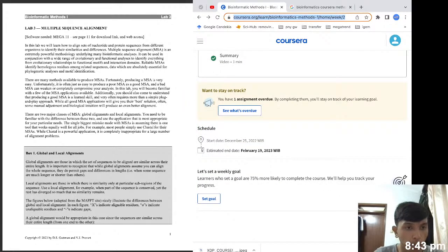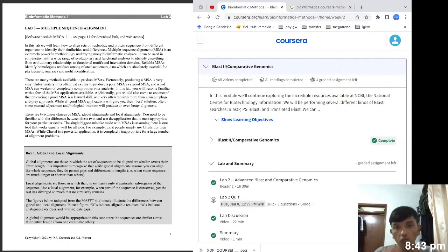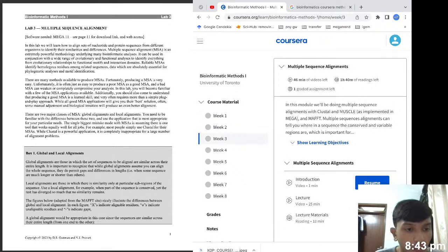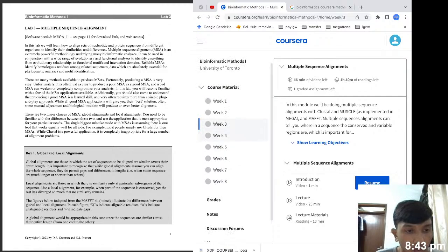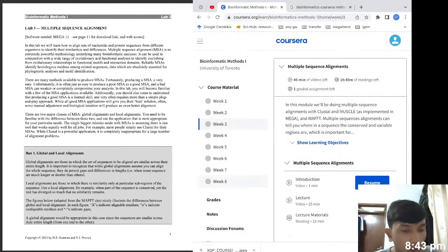Dan sebelum terima financial aid-nya itu, kita udah bisa audit atau bisa akses kelasnya gitu. Dan ini aku udah sampai minggu ketiga. Rencana akan selesai minggu depan semoga udah selesai sampai week 8.